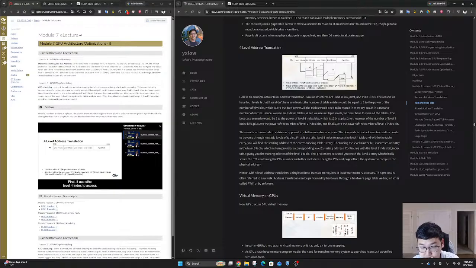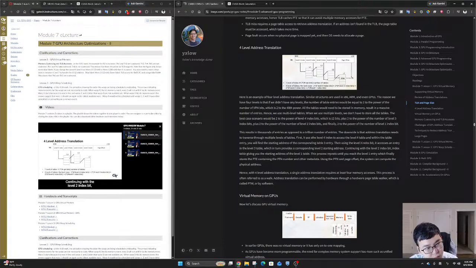First, it uses the level 4 index to access the level 4 table, and within the table entry, you will find the starting address of the corresponding level 3 table. Then using the level 3 index bits, it accesses an entry in the level 3 table, which in turn provides a corresponding level 2 starting address.